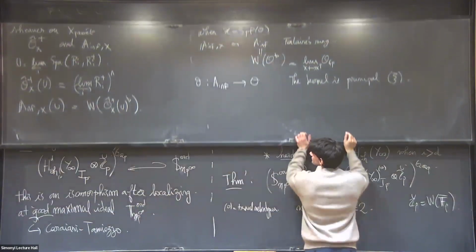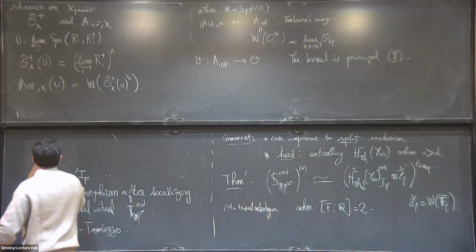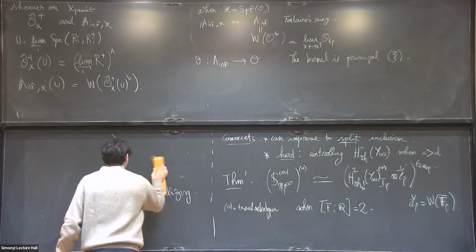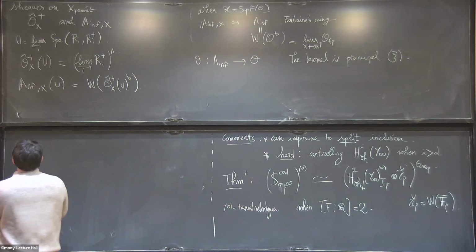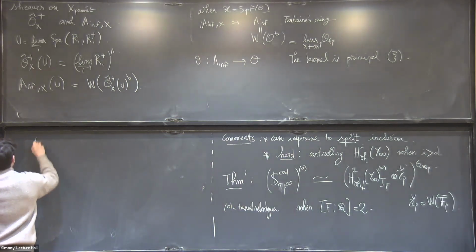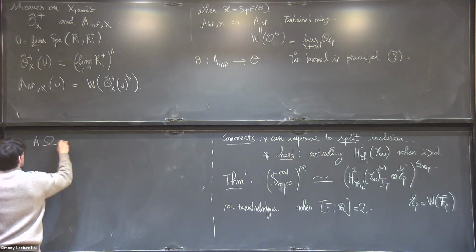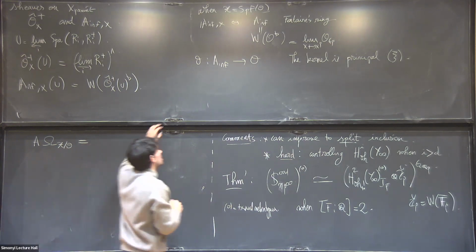Now the main work of BMS is focused on the following complex. They define A_Omega_X over O, but I haven't defined mu yet.